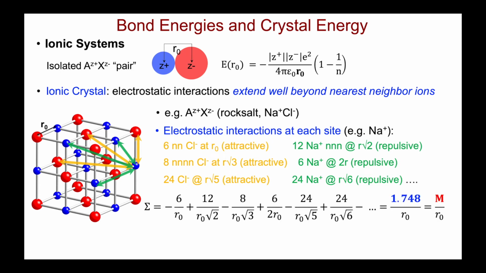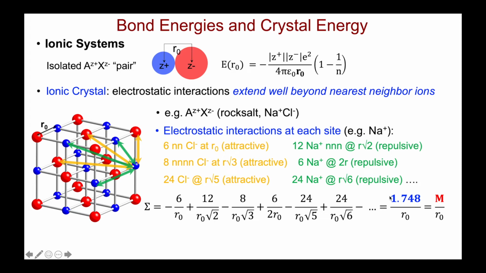And when we sum these interactions, we can gain insight into total overall electrostatic interactions within the crystal. So shown here is that sum, the first term, negative, attractive, between our sodium and 6 chlorines. Here's our 12 next nearest neighbor sodiums, repulsive interactions, R0 times root 2, etc.